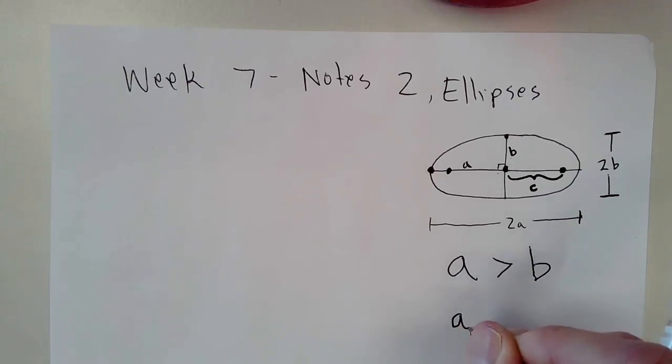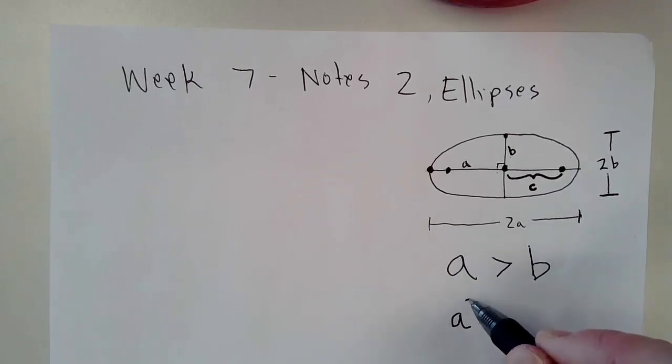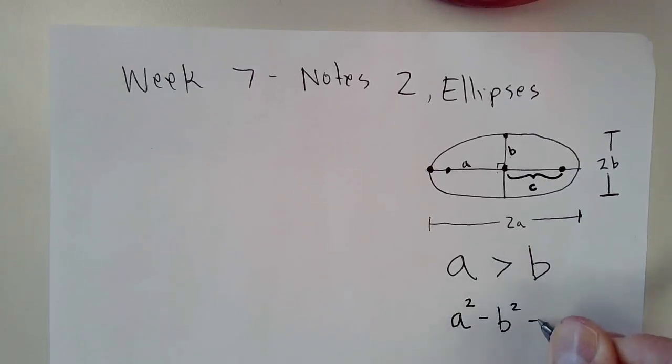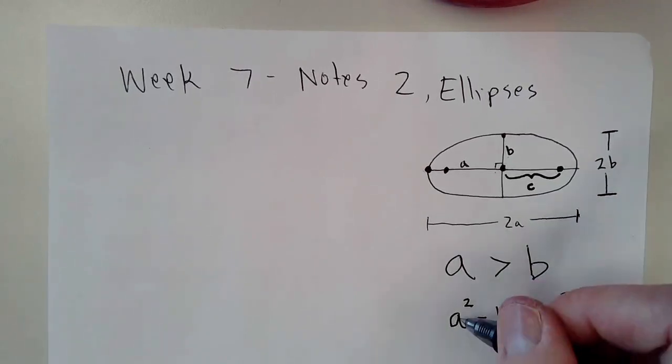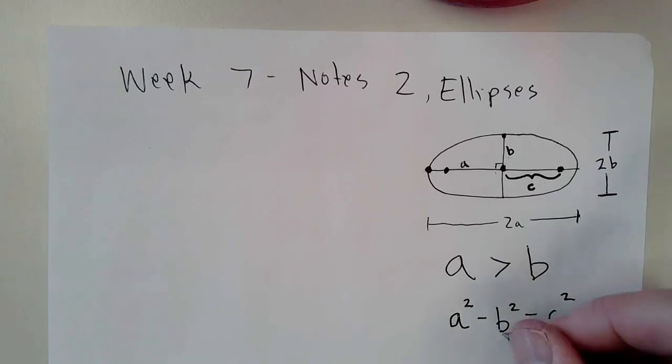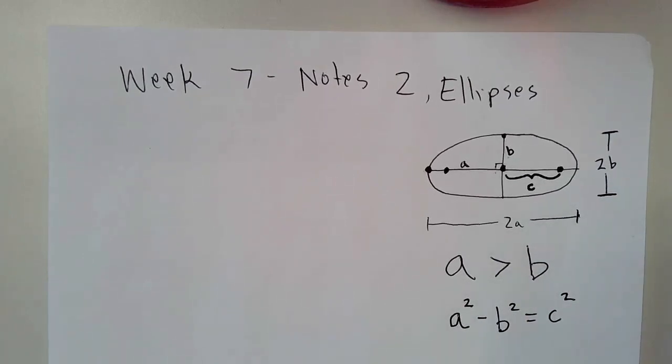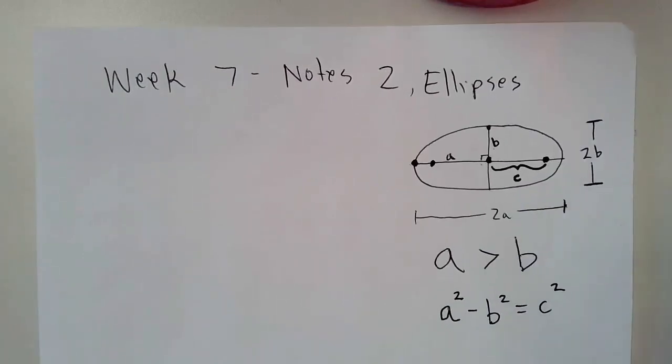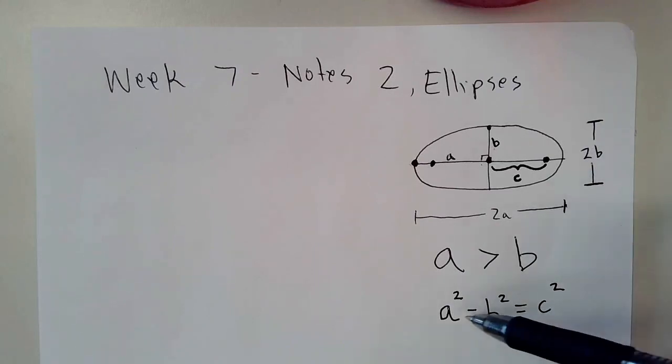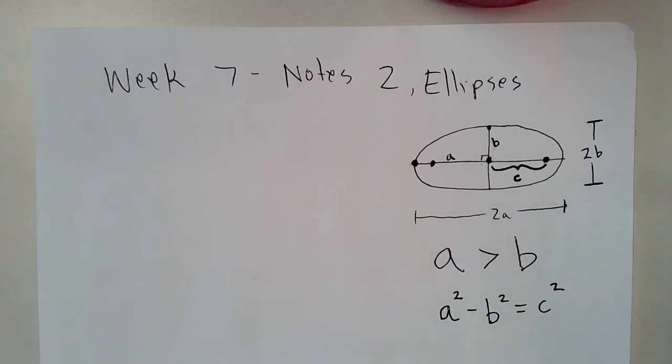It looks similar to the Pythagorean theorem, but it's A squared minus B squared equals C squared. Now this is a math fact that can be proven, but you're not going to be expected to do that at that level of rigor in this class, but this is actually true, just like the Pythagorean theorem is true.